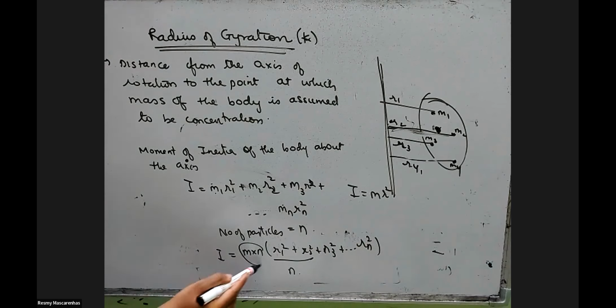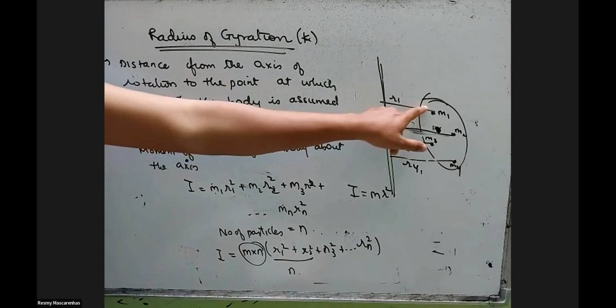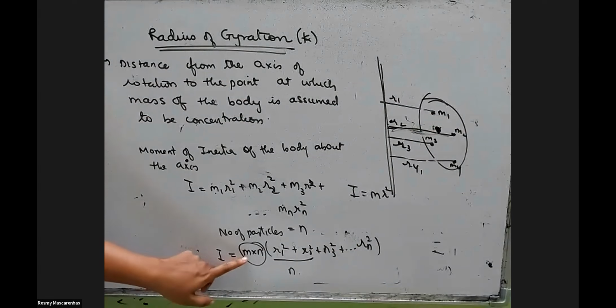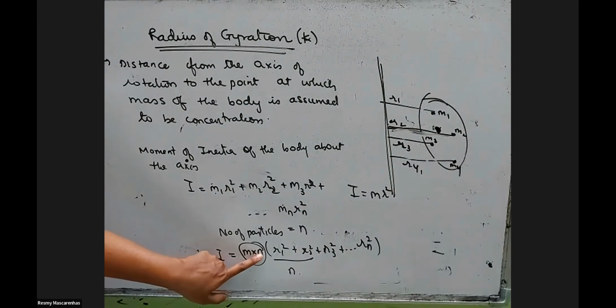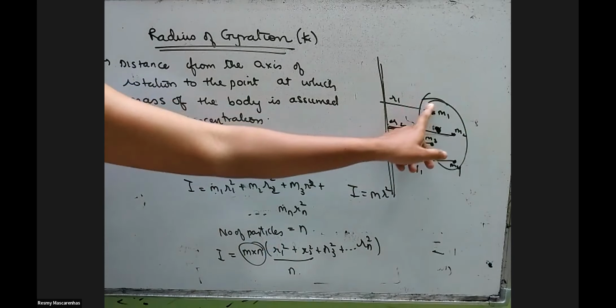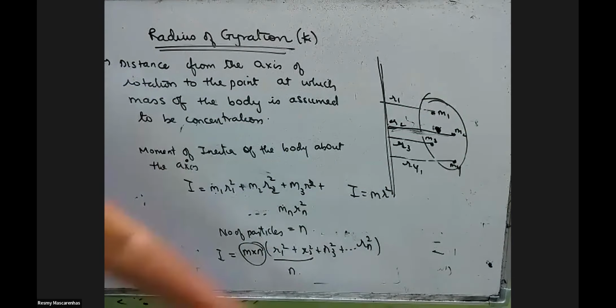And this is nothing but the total mass. So 1 kg into 100 particles will give me the whole thing, 100 kg.